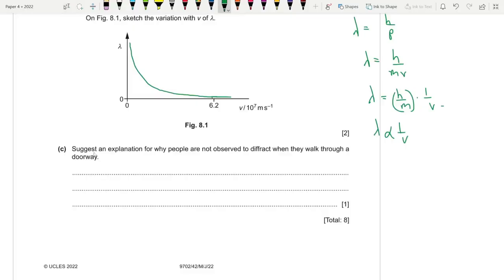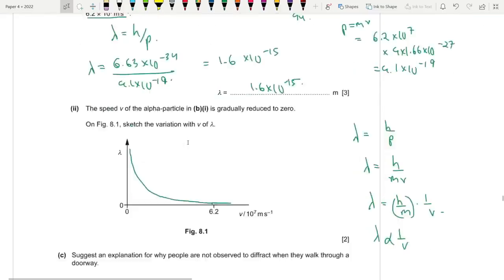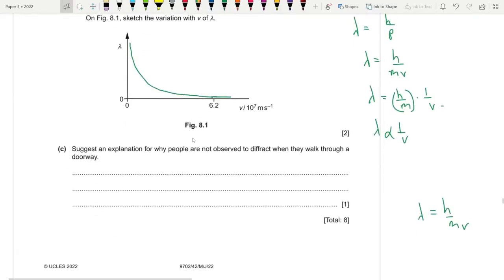Okay, so what makes diffraction possible? Essentially, we know that lambda is equal to h by mv. So think about the mass of people. The mass is really high, right? So if this increases, what happens to the wavelength? It decreases by a lot. So the de Broglie wavelength for people would be too small. And the width of the doorway might be 1 meter, right?